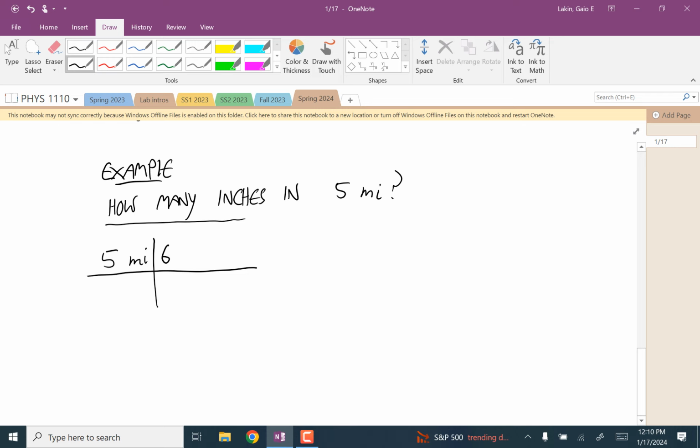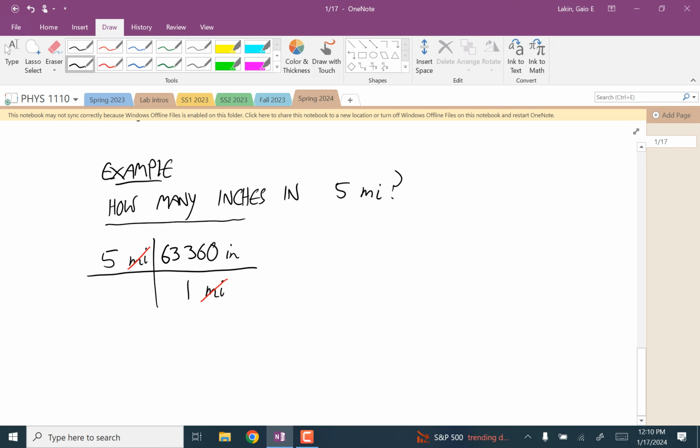And so I'm going to multiply this by 63,360 inches over 1 mile. The reason I chose that one is because this mile cancels out that mile. Just like if that was an x or something in an algebraic equation, that's how they would cancel.